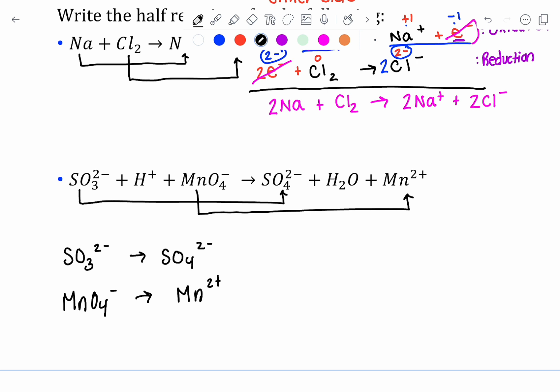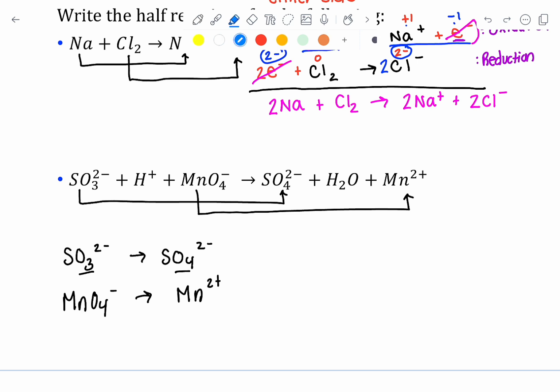Now you can see here from those two half reactions, it's not as easy as our previous example to start balancing those with electrons or anything else, because we now have these other elements that are changing, right? We have oxygens that are going from O3 to O4. In our second reaction, we have an O4 that just disappears on the other side of the reaction. And those aren't necessarily part of those half reactions as of right now.